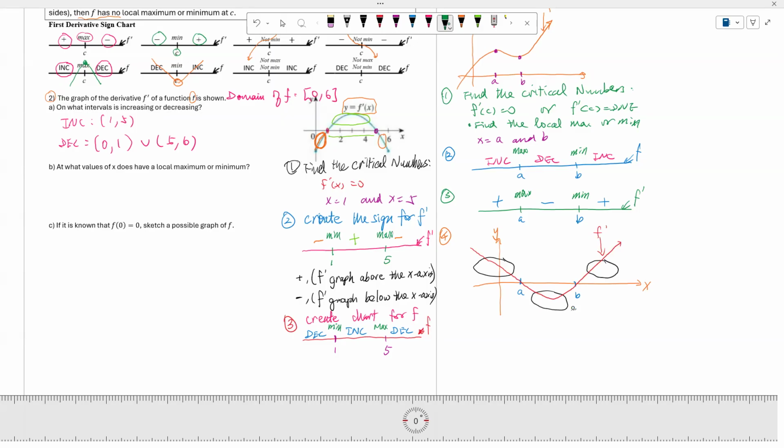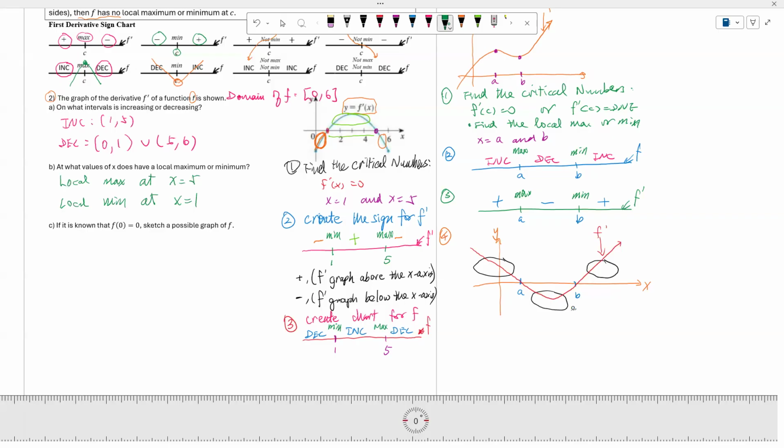Okay, so then now I have my local max at x equal to 5. And then local min at x equal to 1. Okay.